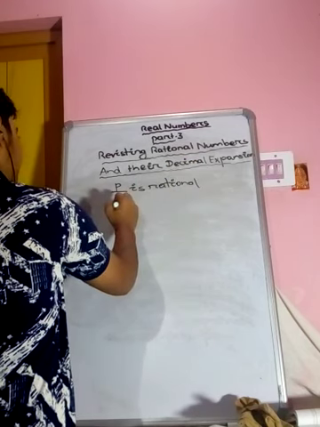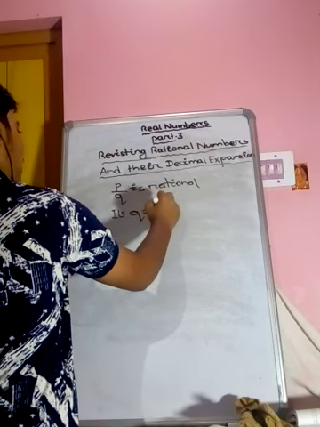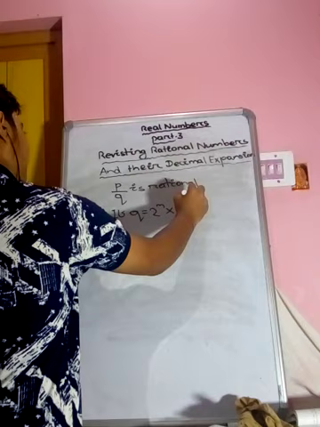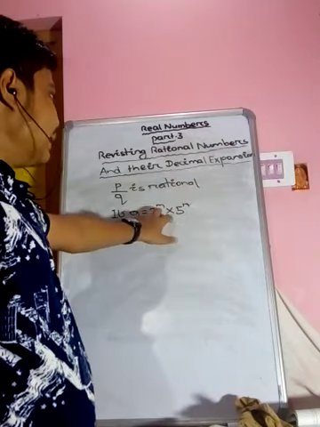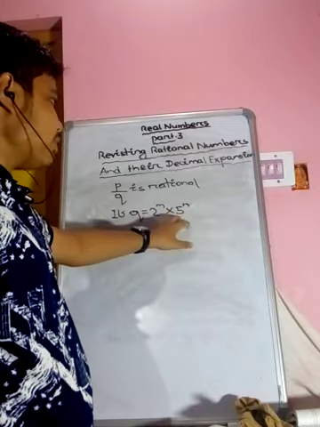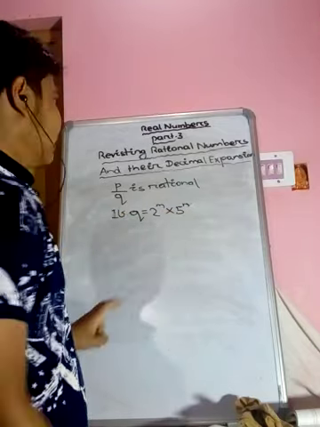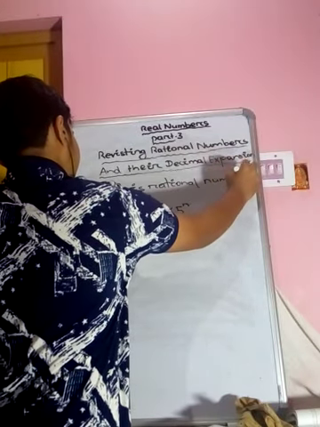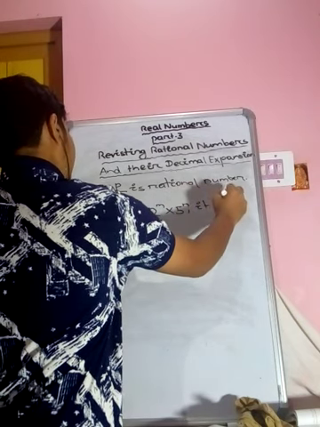Now if q is of the form 2 to the power m into 5 to the power n, where m is the power of 2 and n is the power of 5, then it is a terminating decimal.